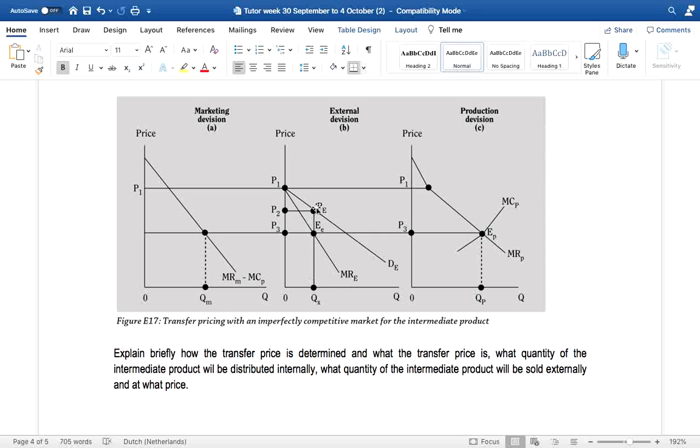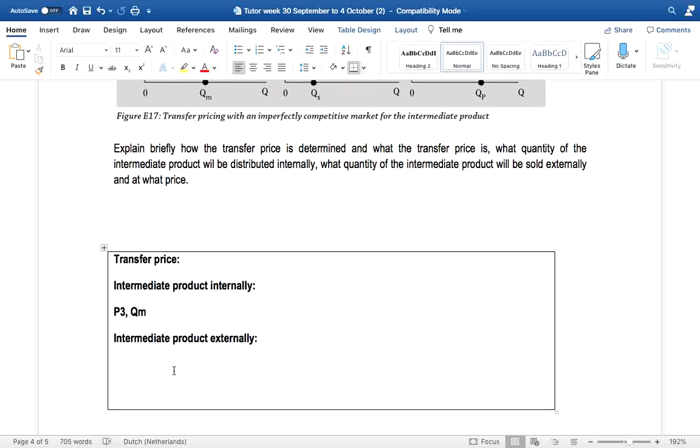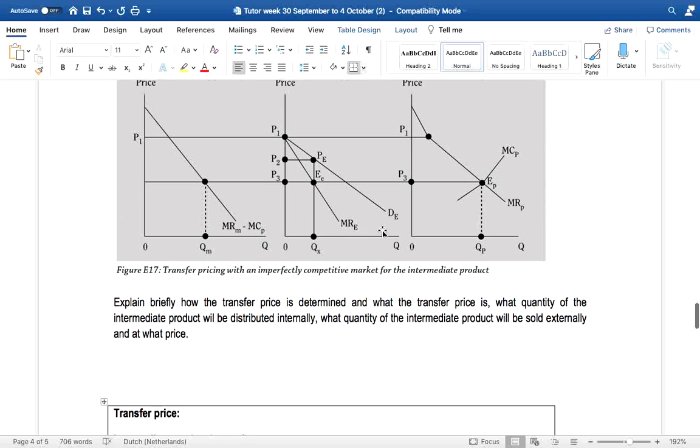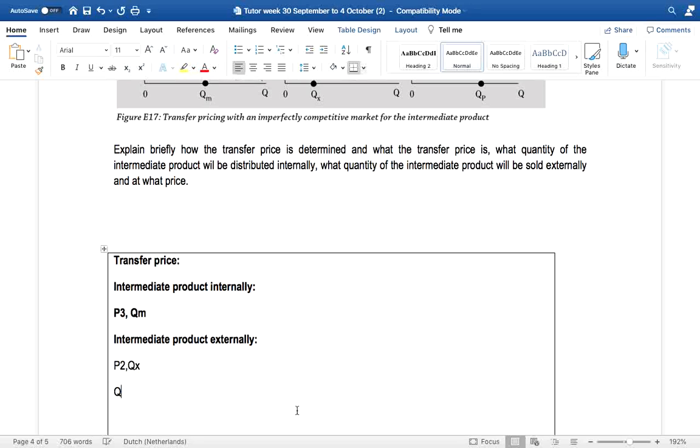But then look at our external demand curve. At QX, this is our price. So that means our external division will have a price of P2, and quantity of QX. And another interesting thing is that QP is going to be equal to QX plus QM.